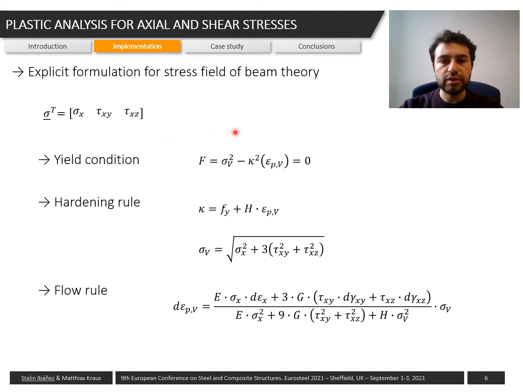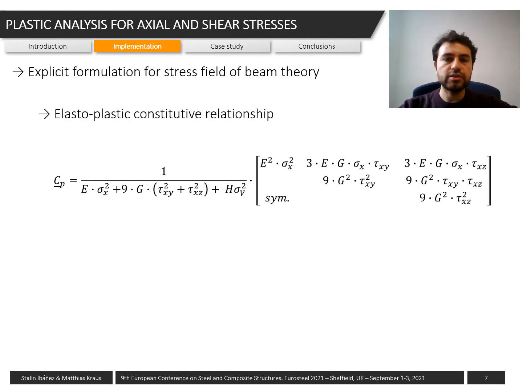The yield condition here can be expressed by the von Mises criterion of the equivalent stresses, and the hardening is represented by the yielding capacity plus the plastic strain multiplied by this relationship H that exists between the tangent modulus and the elastic modulus. Finally, the flow rule, when we replace all the terms, looks like this.